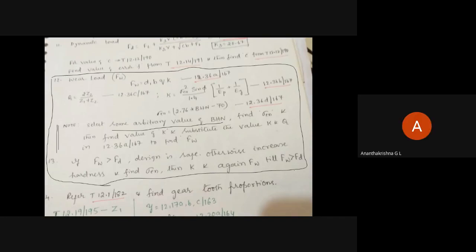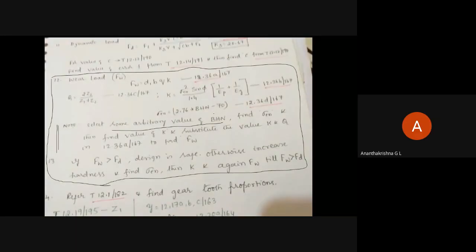Please note down steps 12 and 13. How to find out wear load. See, wear load is greater than dynamic load, that is FW is greater than FD for design to be safe. Is that okay?